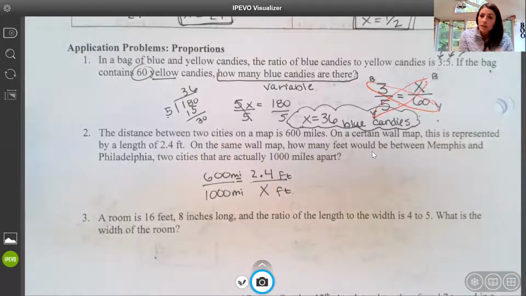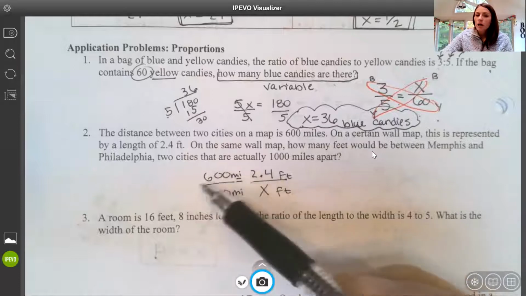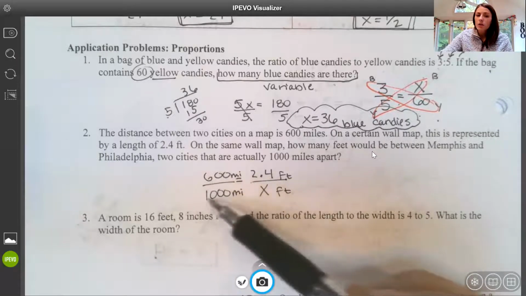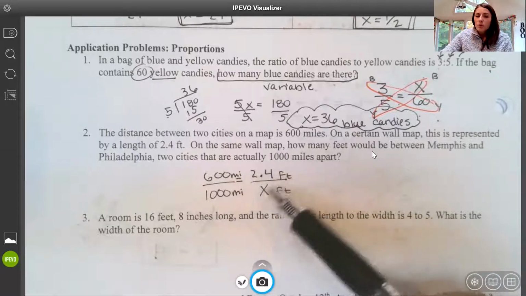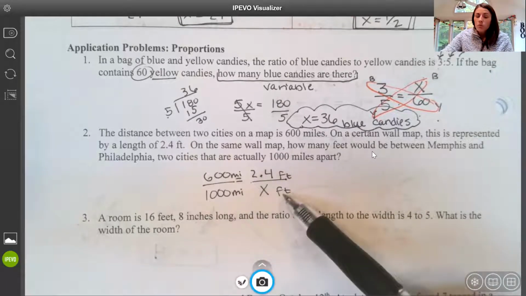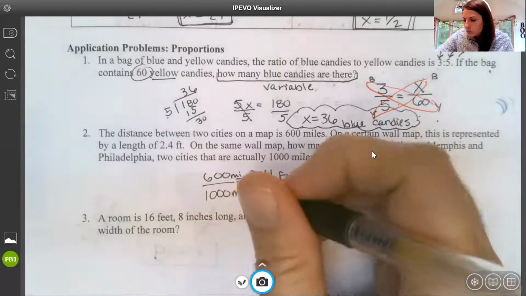So that's one way to set up the equation. This ratio from the miles between the first city and the miles between the second city should match the feet on the map for the first city to the feet on the map for the second city. You could also do 600 to 2.4, so put the first city on one ratio. It should be the same ratio, the same conversion for the second city. So there's a couple ways you can set this up.